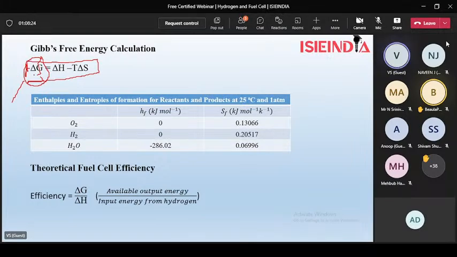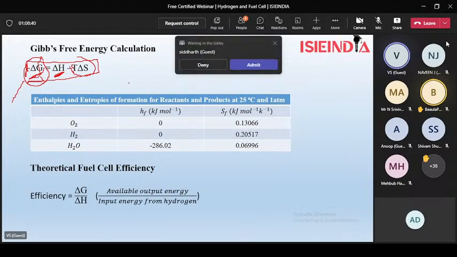So now for del G, from del H we will subtract the product of temperature and entropy from the total energy. So at first we will calculate the entropy. Entropy is, in simple terms, the waste energy, the energy which is not in use.